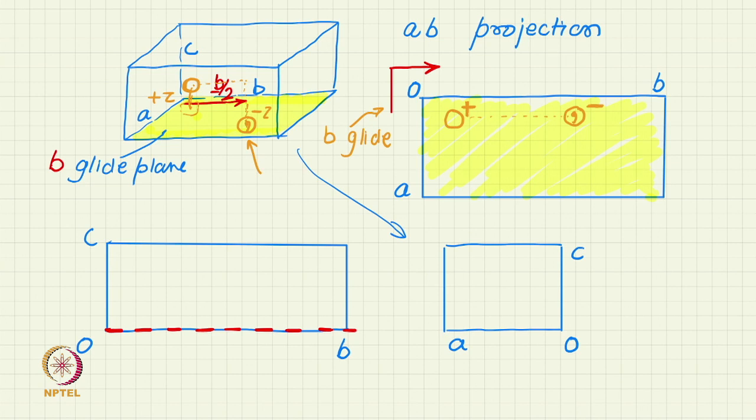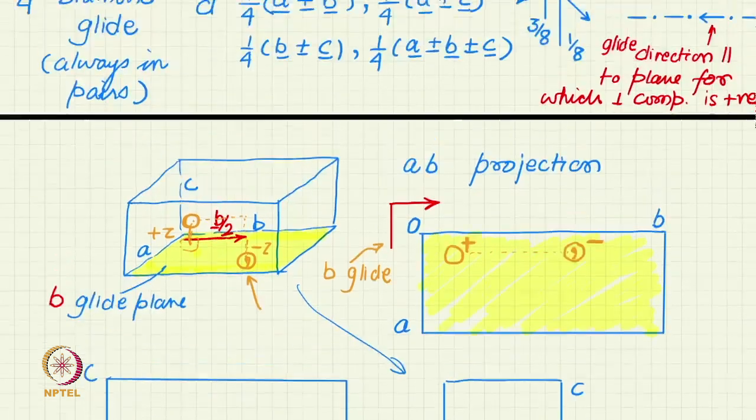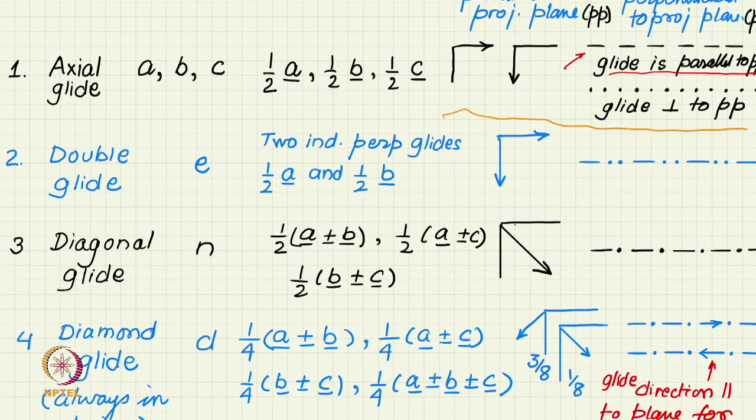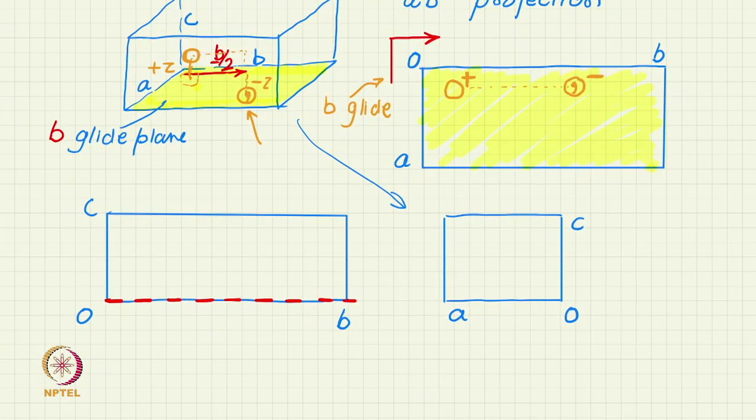Now, the glide plane will project as a line along the vector A. It is perpendicular to the projection plane, but the glide vector is B, and the B direction in this projection is perpendicular to the plane. So, the glide direction is not lying in the projection plane, but is lying perpendicular to the plane. So, I will use this symbol, that is the dotted symbol.